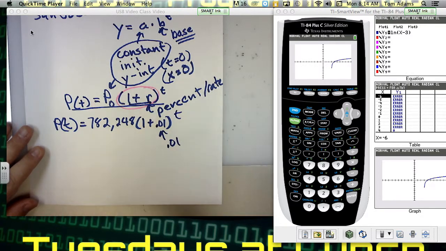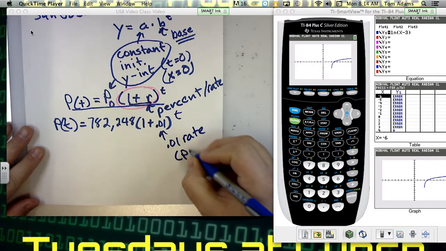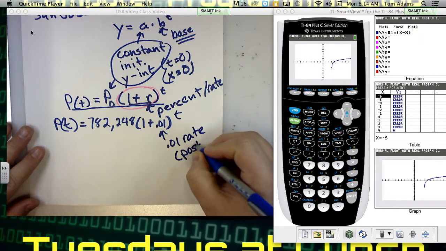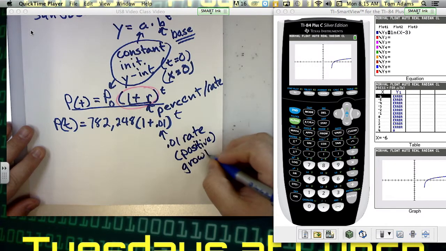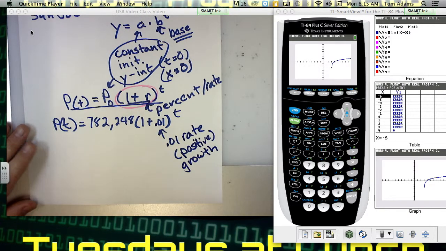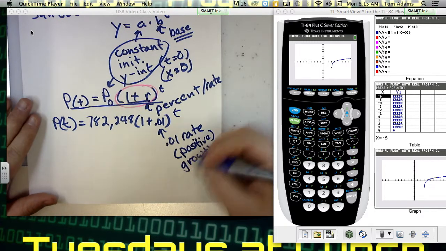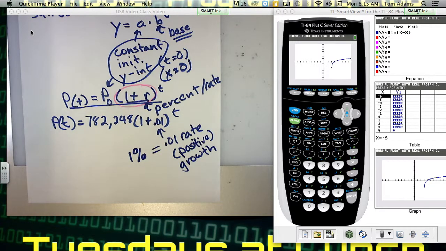Well, 0.01 is the rate. It is a positive value. So that means that it is a growth. In other words, over time, this number keeps growing and getting bigger and bigger by 0.01. So, as a percentage, though, it's really 1%. Does anybody have any questions about that?